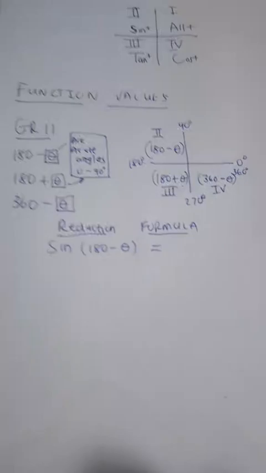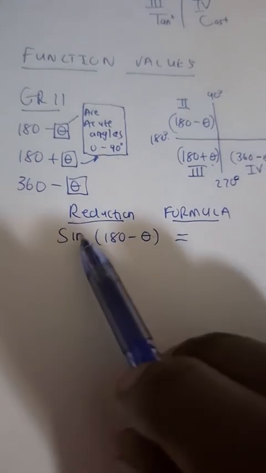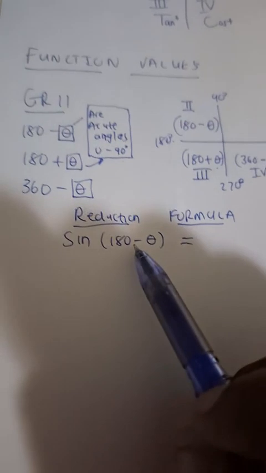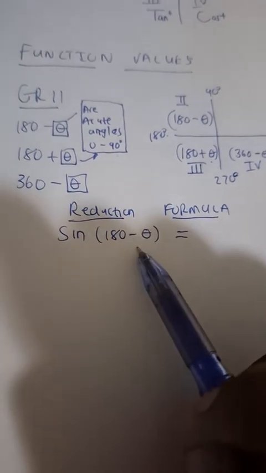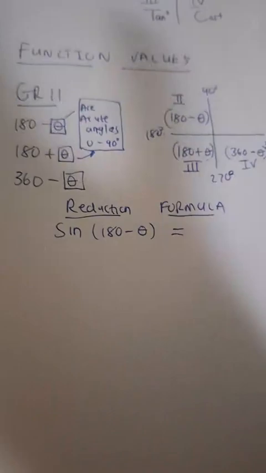How do we express this more accurately? This is something that we need to go through whenever we are applying the reduction formula. So what is sine of 180 minus theta? Guys, please just bear with me.